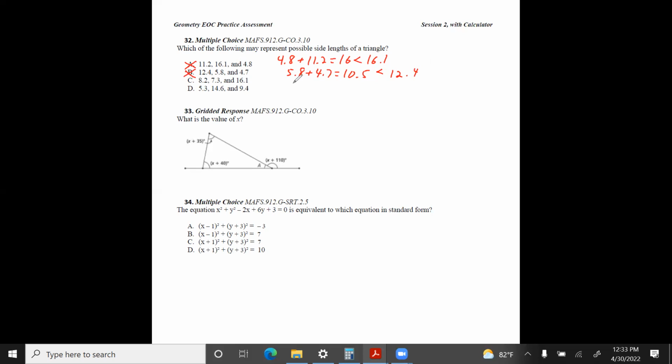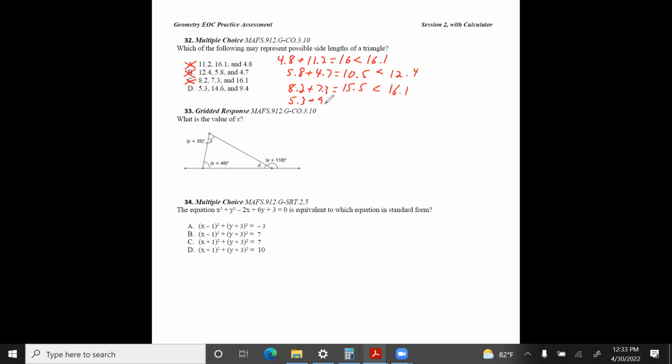Again, 2 small sides on the next one are 8.2 and 7.3. 8.2 plus 7.3 is going to be 15.5. The other side is 16.1. Again, less than, not greater than. So that doesn't work. So hopefully it's this last one because we're out of options.